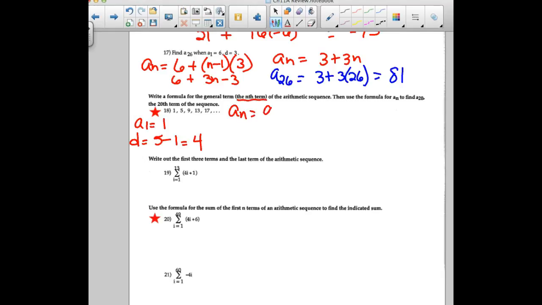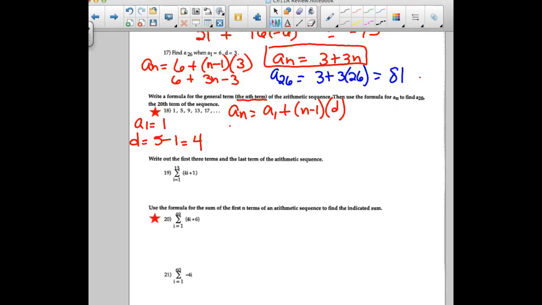A sub n is first term plus n minus 1 times d. Notice it says to write a formula for the general term. So they don't want us to jump to finding the 20th term right away. They want us to do what I just did in number 17, which was to come up with an equation first and then use that equation to find the 20th term.